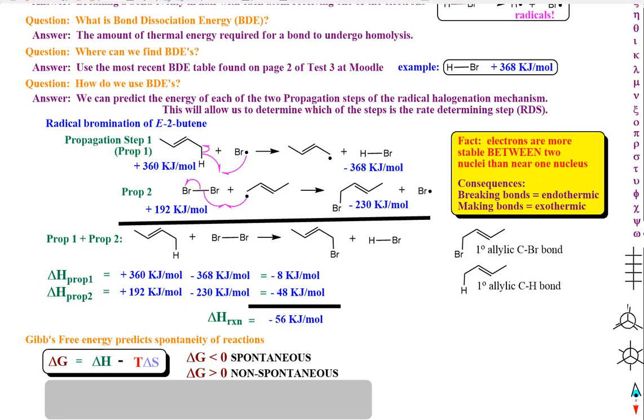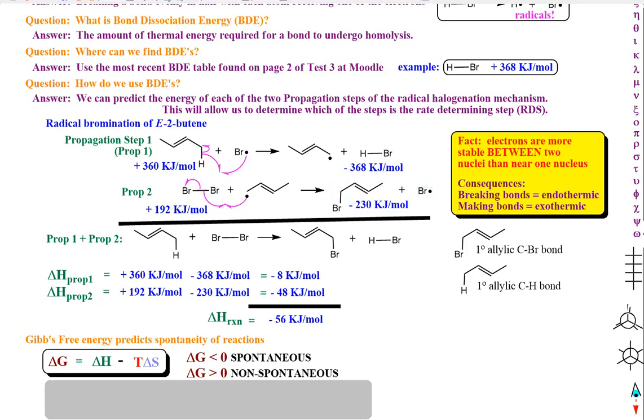And the reactions we're studying, specifically prop 1 and prop 2, both involve a non-radical reacting with a radical to form a non-radical here and another radical. Let's do that again with the other reaction. A non-radical reacts with a radical to make a non-radical plus a radical.